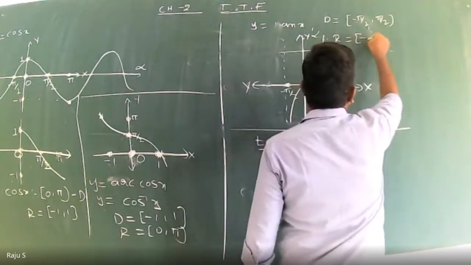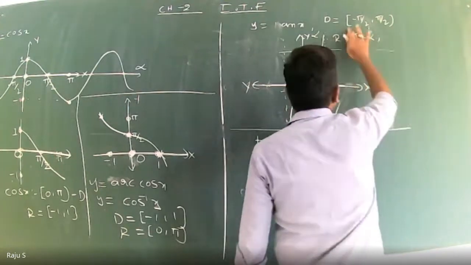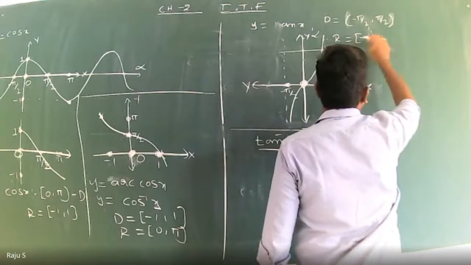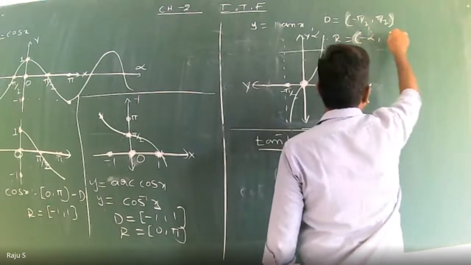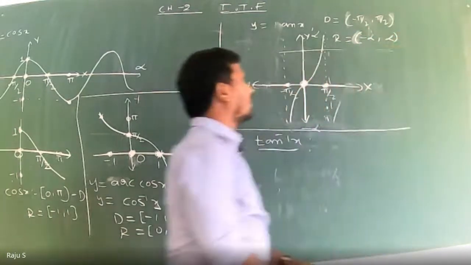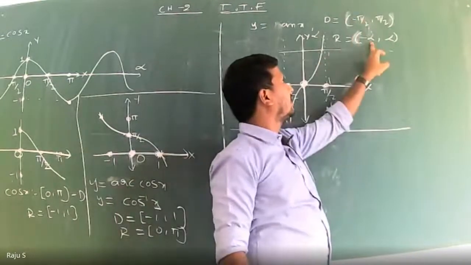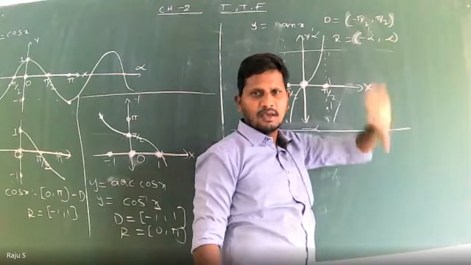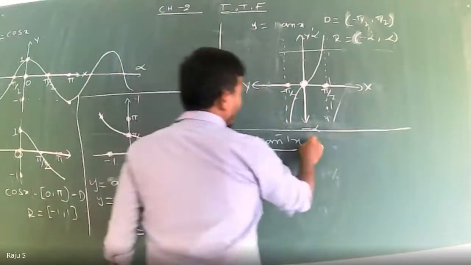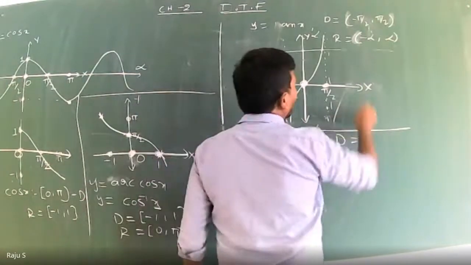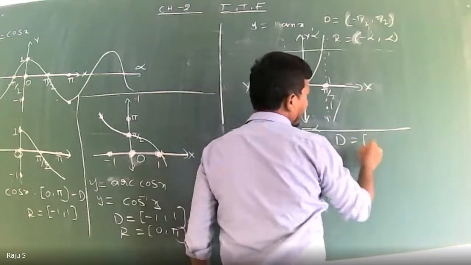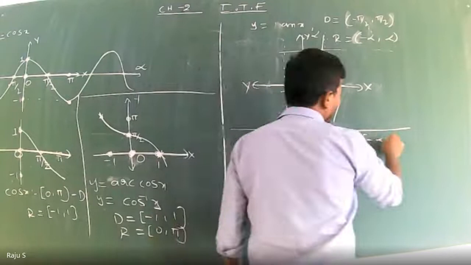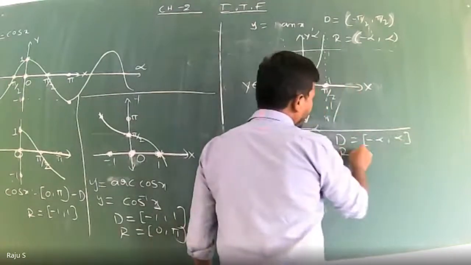Minus infinity to plus infinity. It is better to write an open interval, so we should not write a closed bracket for infinity, because tan minus 90 is minus infinity and plus 90 is plus infinity. Fine. Now the inverse. When we take the inverse, I told you clearly, range becomes domain. Domain is minus 90 to 90. Then what is the range?